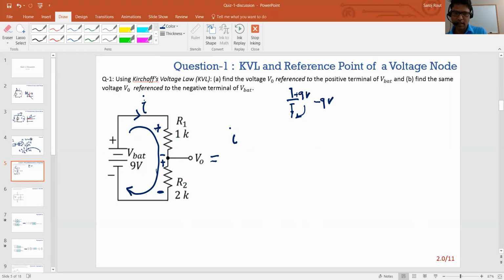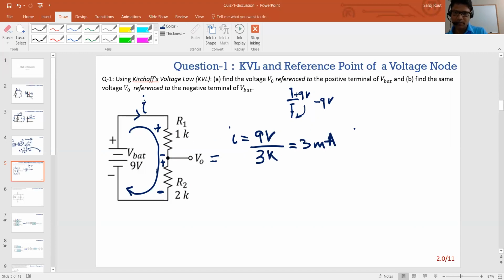So let's say this current I is the battery voltage, 9 volt, across these two terminals, over the two series resistances, 1K plus 2K, that's 3K, so that's 3 milliamp, right?